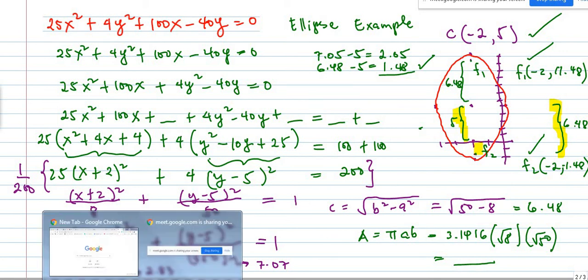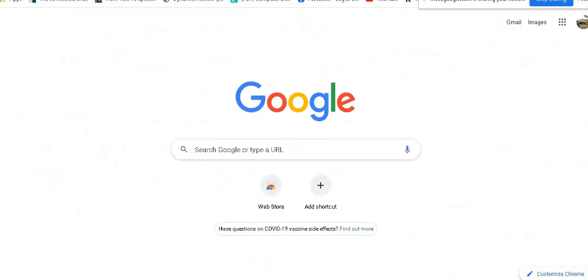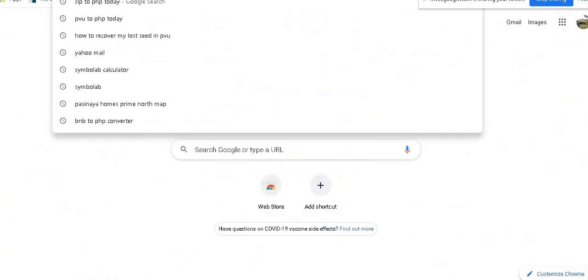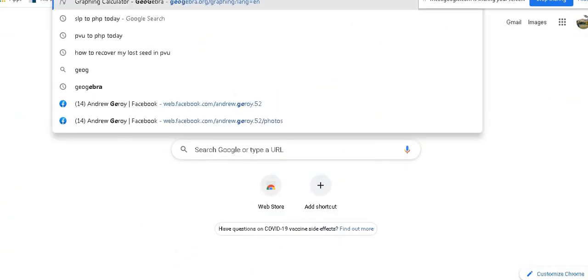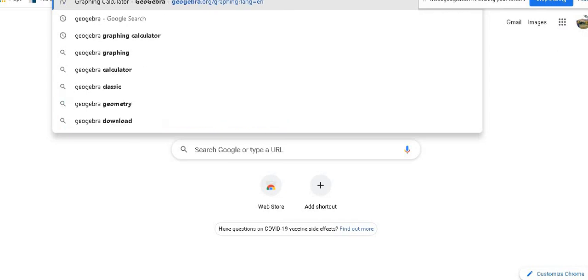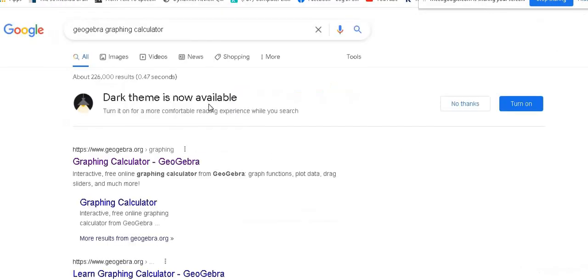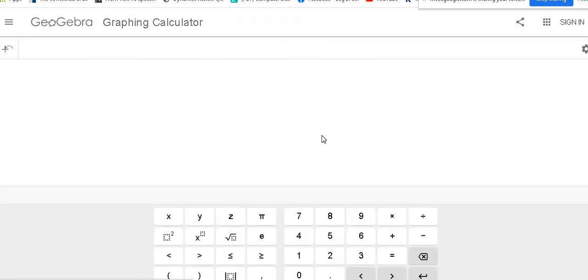Okay, balik tayo sa 25x squared sa GeoGebra. We'll type GeoGebra, graphing calculator. And then, we have this one. Dito sa GeoGebra, hindi mo makikita yung focus.